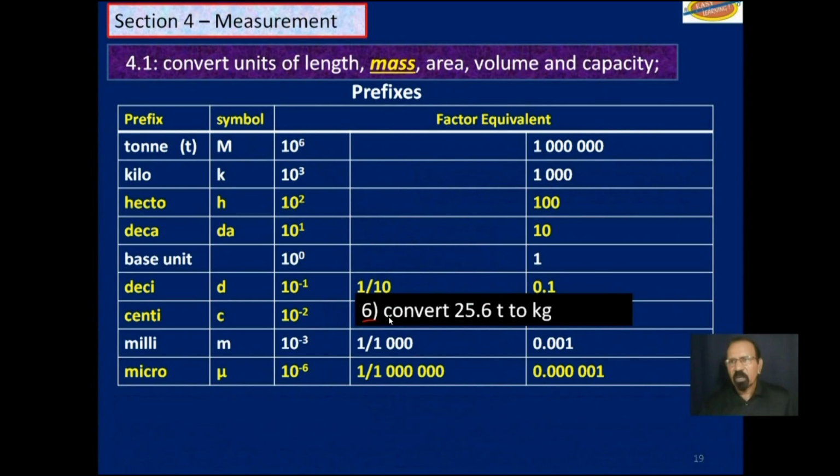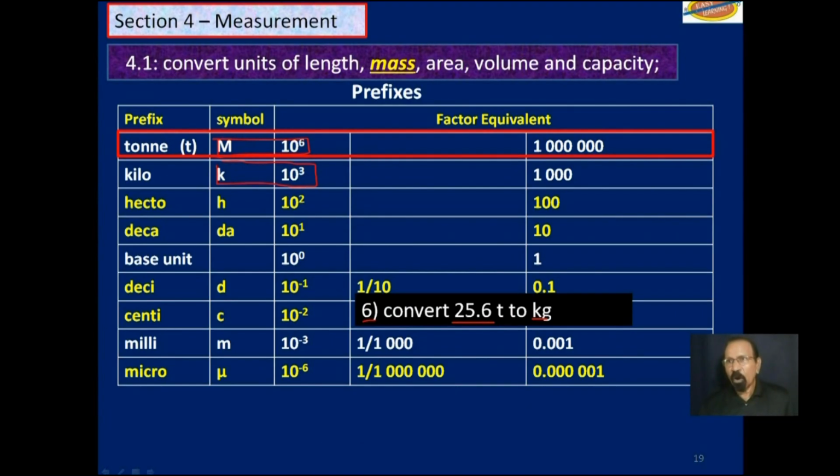Example 6, convert 25.6 tons to kilograms. So we are here, tons to kilograms. We already know that it takes 1,000 kilograms to make a ton.